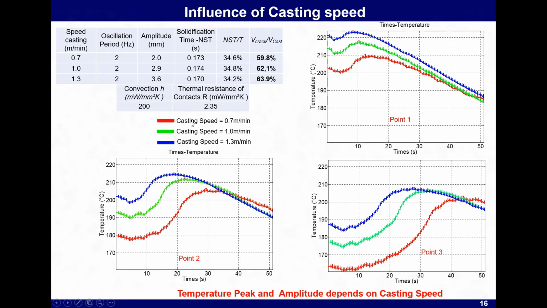You see that the casting speed modifies the level of the temperature and of this peak, and modifies a little the shape of the waves which go with the crack.